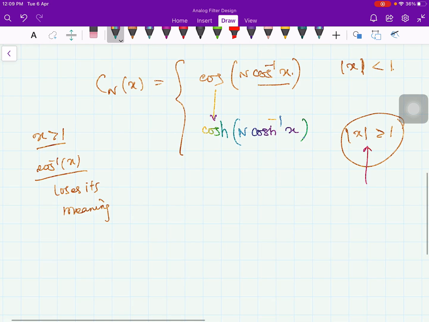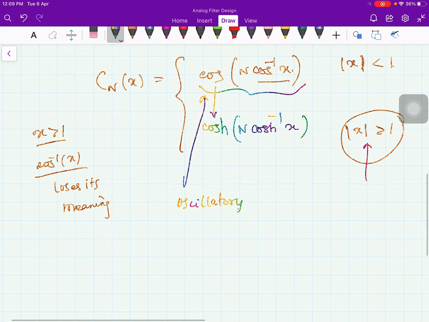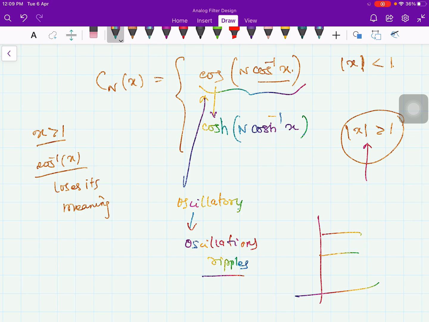Now we know that the cosine function is oscillatory, and this cos of n cos inverse x gives rise to oscillations or ripples. That is why we have seen in the passband there are ripples, if you recall.